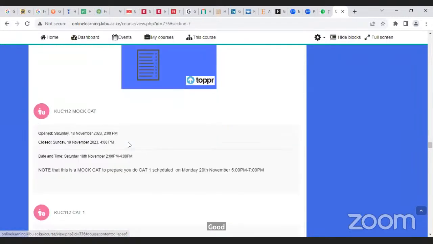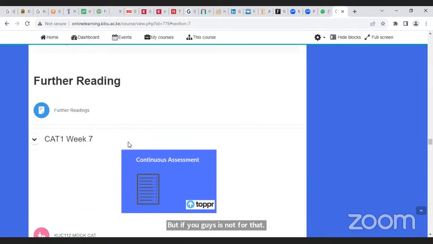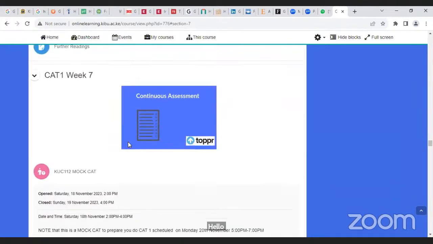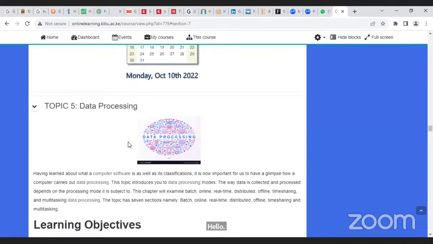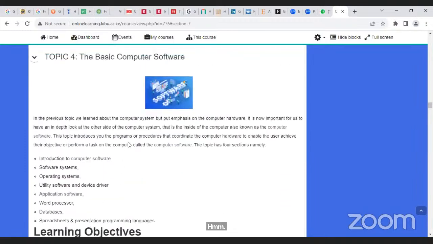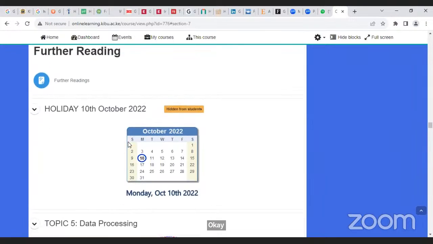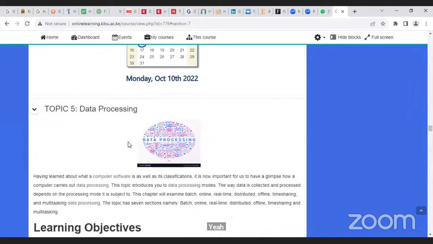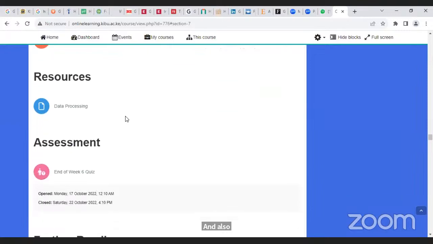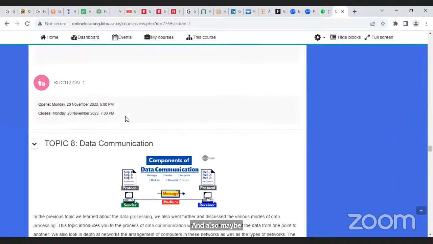Go and read also topic 8. Topic 5 is all about data processing, and topic 8 is all about data communication.